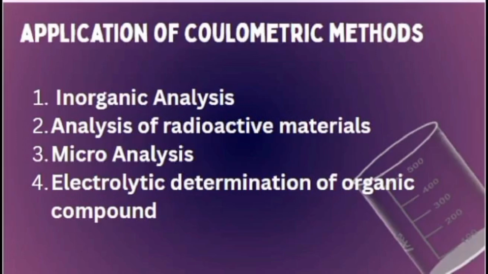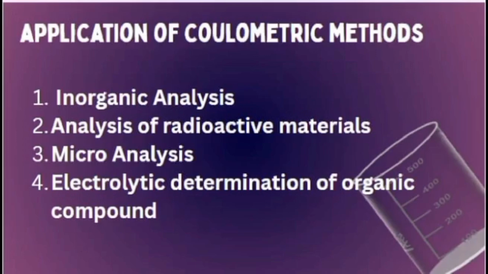So how does it work? Similar to inorganic analysis, coulometry measures the charge required for a redox reaction involving the radioactive isotopes. However, special precautions are necessary due to the hazardous nature of the samples. Small sample sizes are typically used to minimize radiation exposure.